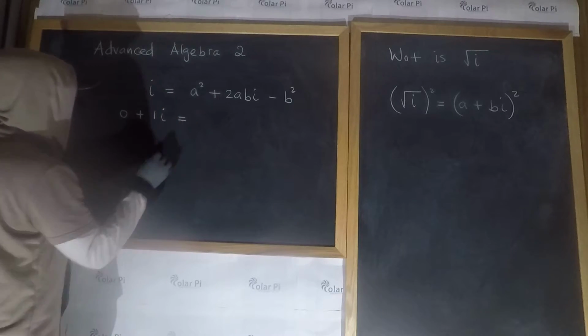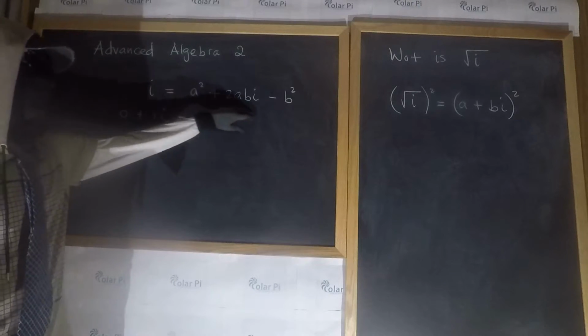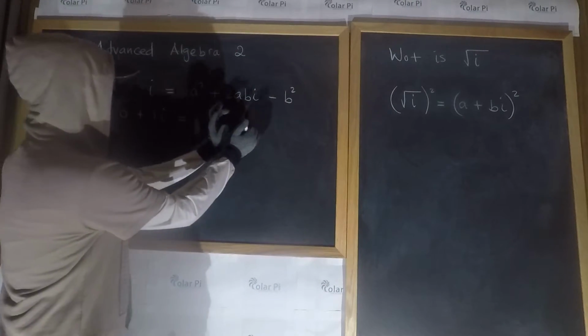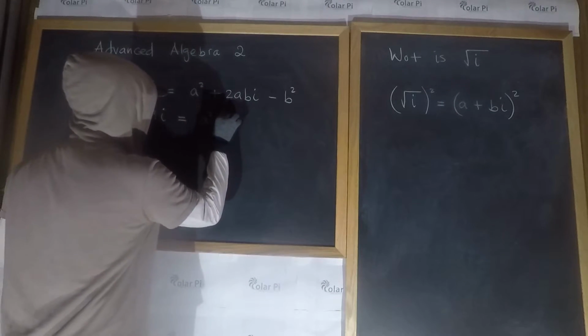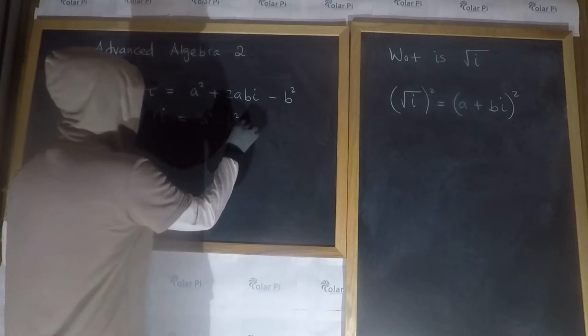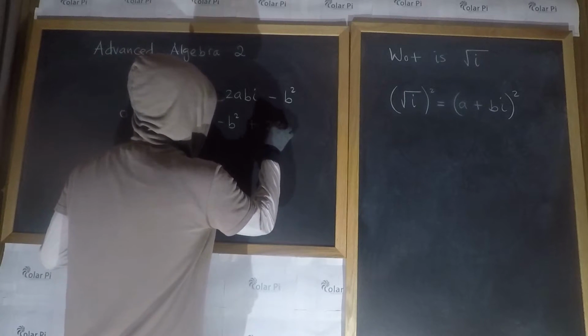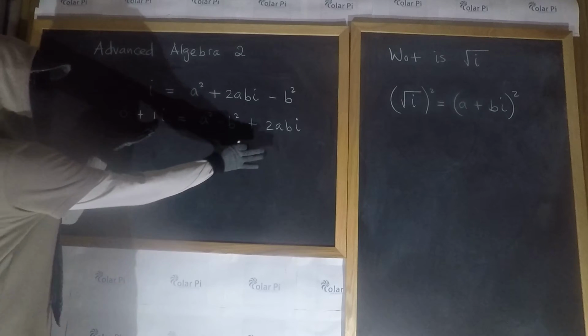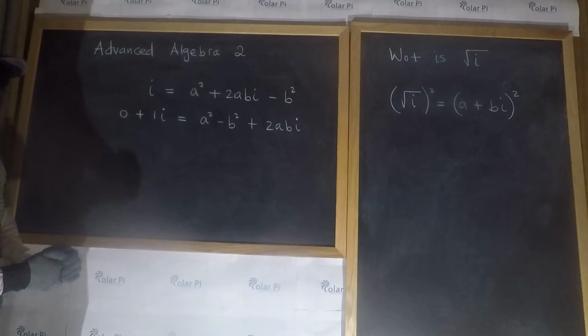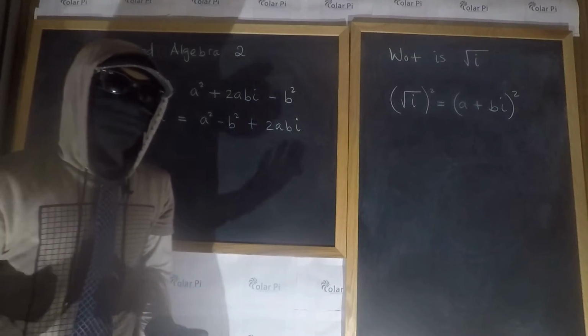And so we're going to say that this is equal to, where we want to put the real part and then the imaginary part, a squared minus b squared, the real part, plus 2abi. Now, two complex numbers are equal if their real parts are equal and their imaginary parts are equal.